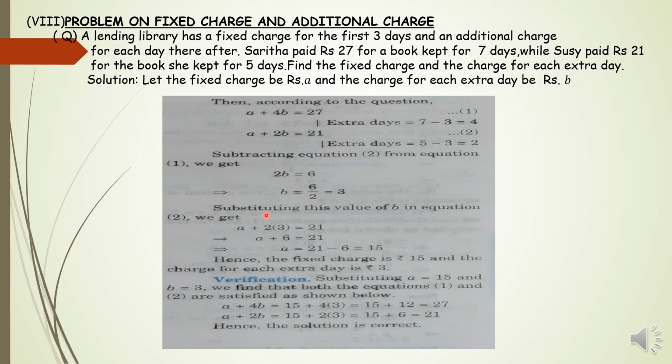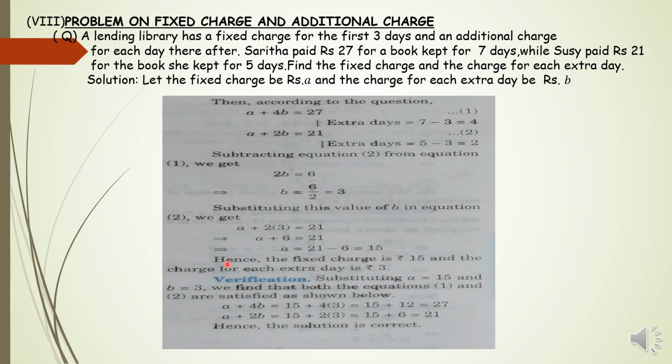So substituting this value of B in any of the equations, here I have substituted in equation number 2. That is A plus 2 into 3 is equal to 21, which implies A plus 6 equal to 21, which gives A is equal to 21 minus 6, equal to 15.